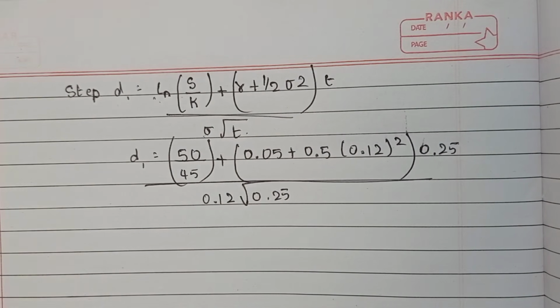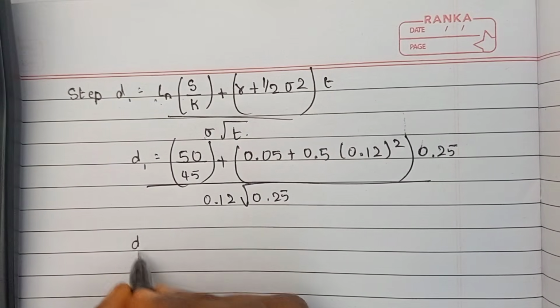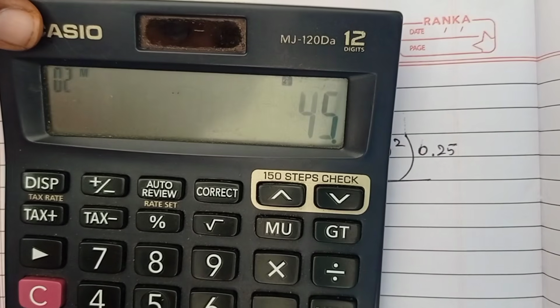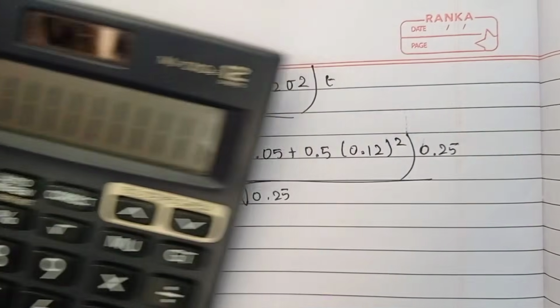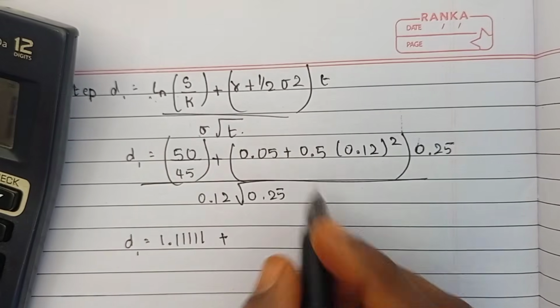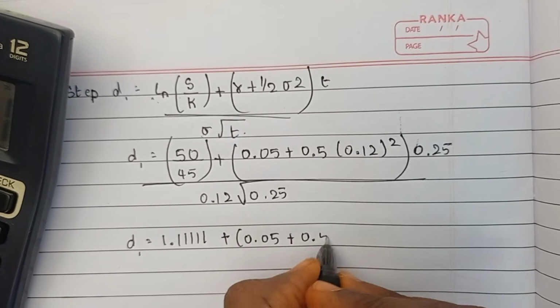Now we have to simplify this. Let's do the simplification. So d1 is equals to 50 divided by 45. 50 divided by 45 is 1.111. So 1.1111 plus 0.05 plus 0.5.